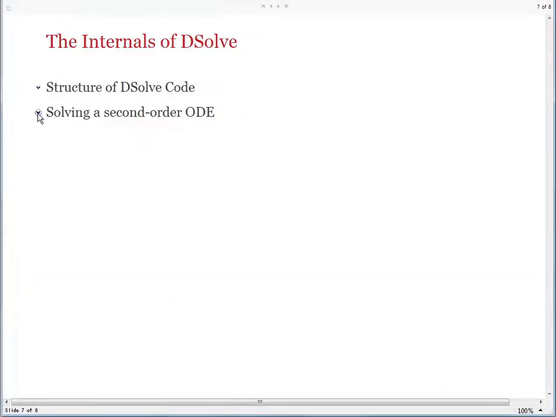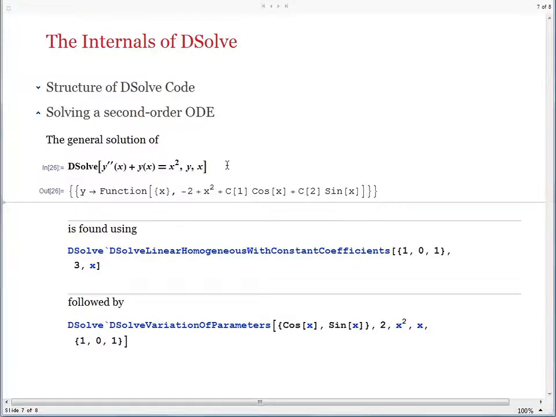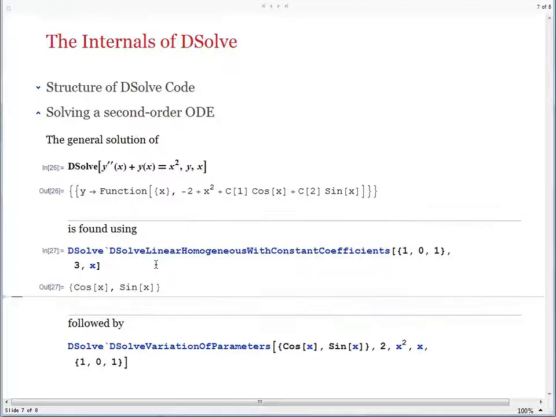Okay, so as an example of how DSolve works, here is a second order differential equation with right hand side x square, and if you give it to DSolve to solve, then the solution has two parts. The first part is this general solution, and the second part is the x square minus 2, which comes roughly from the right hand side being x square. So internally we have a symbol called DSolveLinearHomogeneousWithConstantCoefficients, which finds the two components of the general solution, which you see right over here.